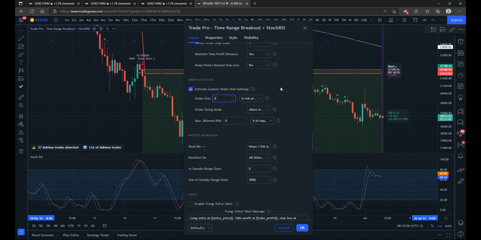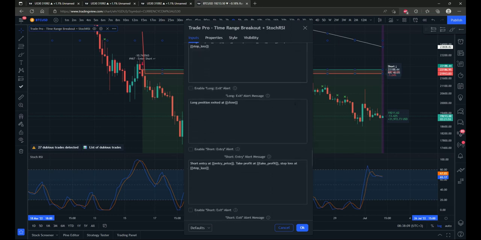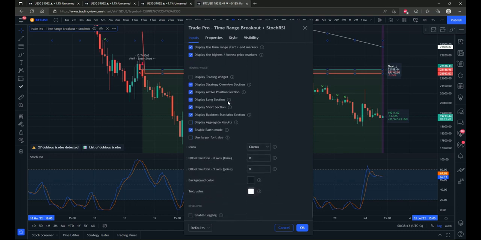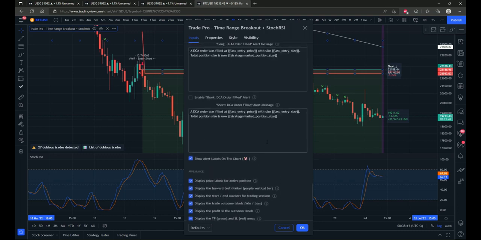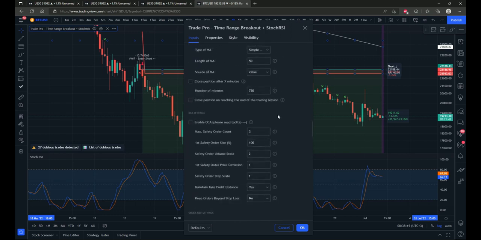So we have that there. I have it set to risk 2% per trade to get the results that are showing for this one. And down here, just the alert section and the customization of the widget and the appearance of it on your chart. But that's pretty much going to finish things up here for this strategy script.